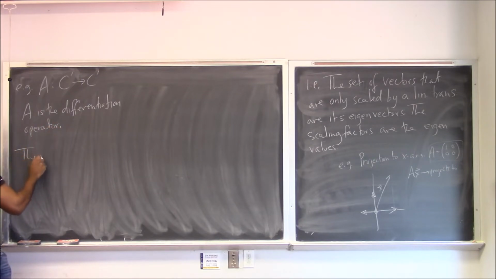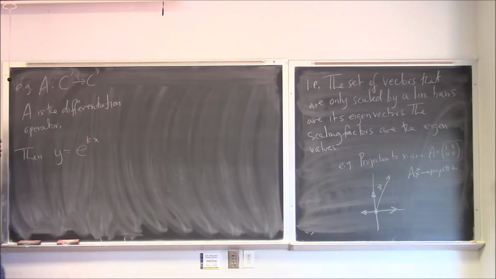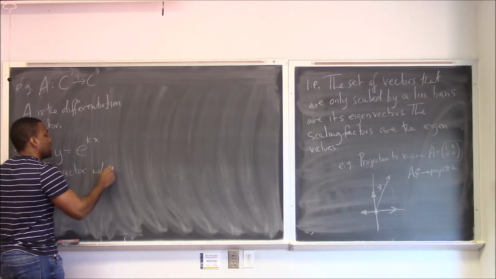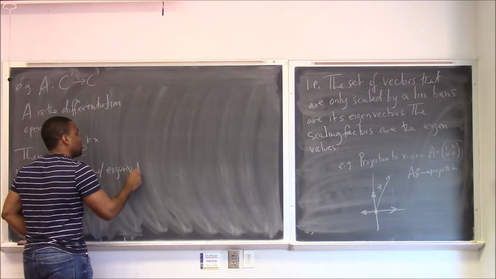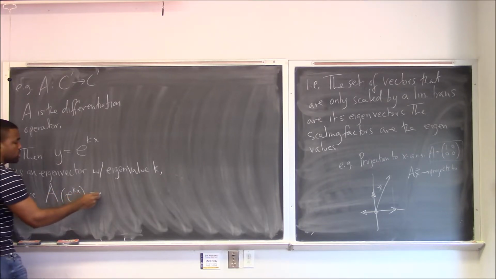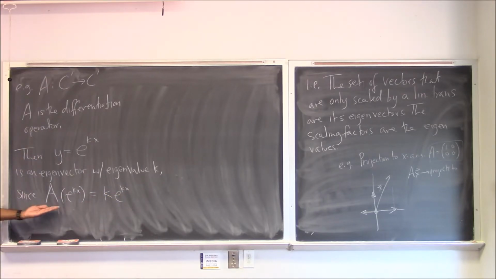Then any function that has this form, e to a constant times x, is an eigenvector with eigenvalue k. Since if I apply A to this function, that means take the derivative, the result will be k times that function. So I apply my linear transformation, the result is a scalar multiple of the original, right?